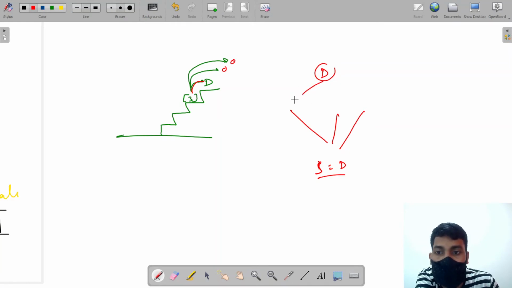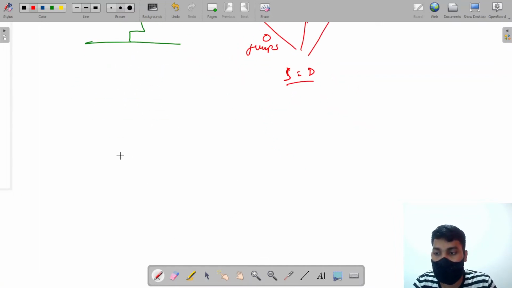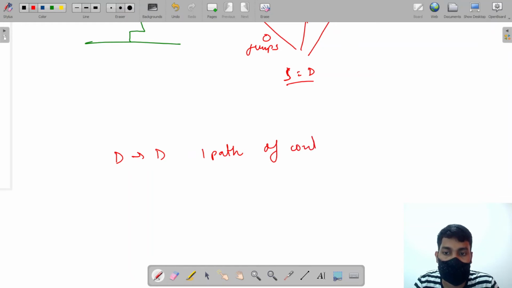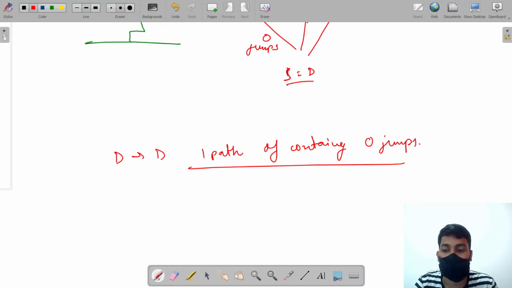There is one path, that is if I take 0 steps, 0 jumps, I'll be reaching my destination. That is one path, which means to reach from destination to destination, there is one path containing 0 jumps.